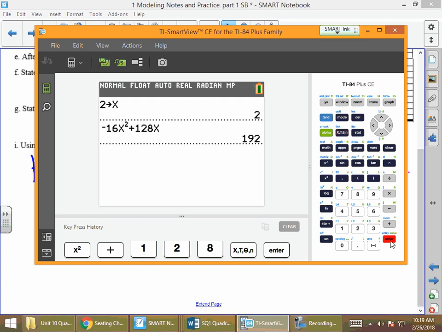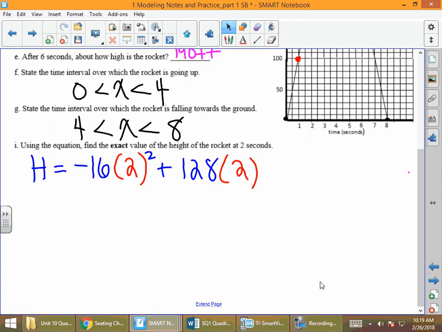And either way that we calculate it, we should get 192 feet for our height at 2 seconds.